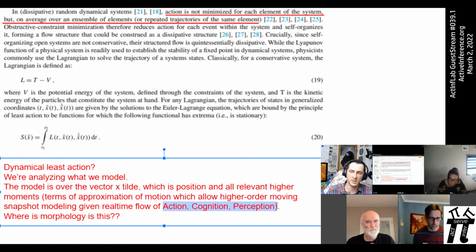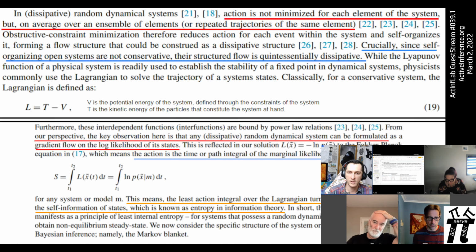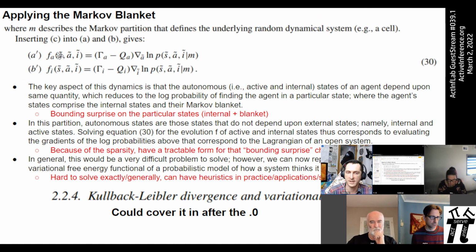Action, cognition, perception. It's the flow over, as gets explored, the blanket states. This is like the flow over S, A, and I: states, actions, and internal states. So this is enabling a flow description of Markov blanket states and their perception, cognition, action, their flow over states, their change through time, including higher order moments of time, so that it is a dynamical systems model, but still there has to be a snapshot.